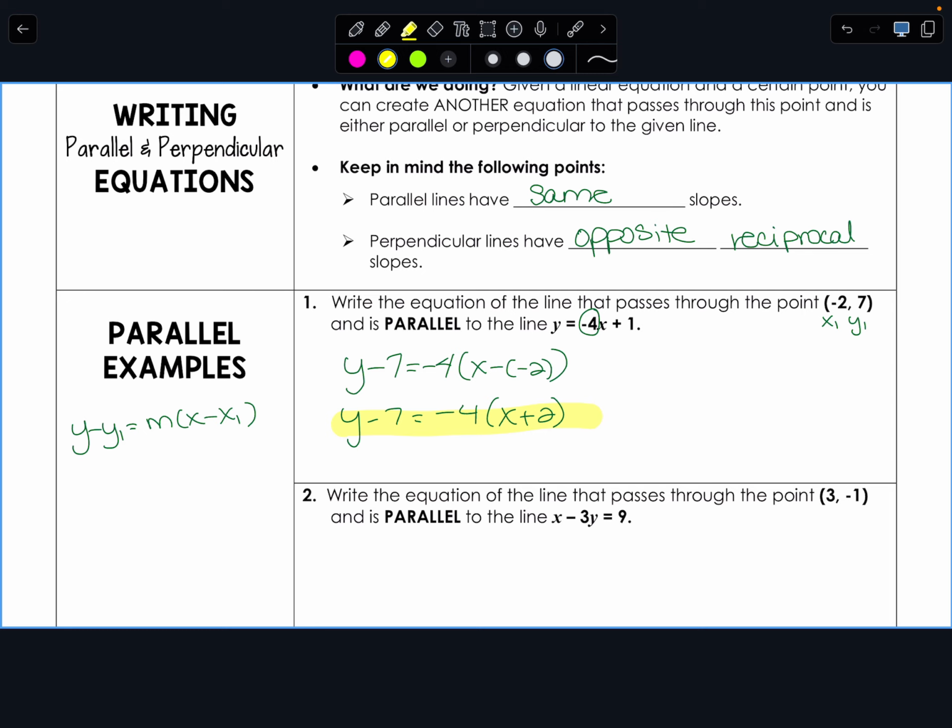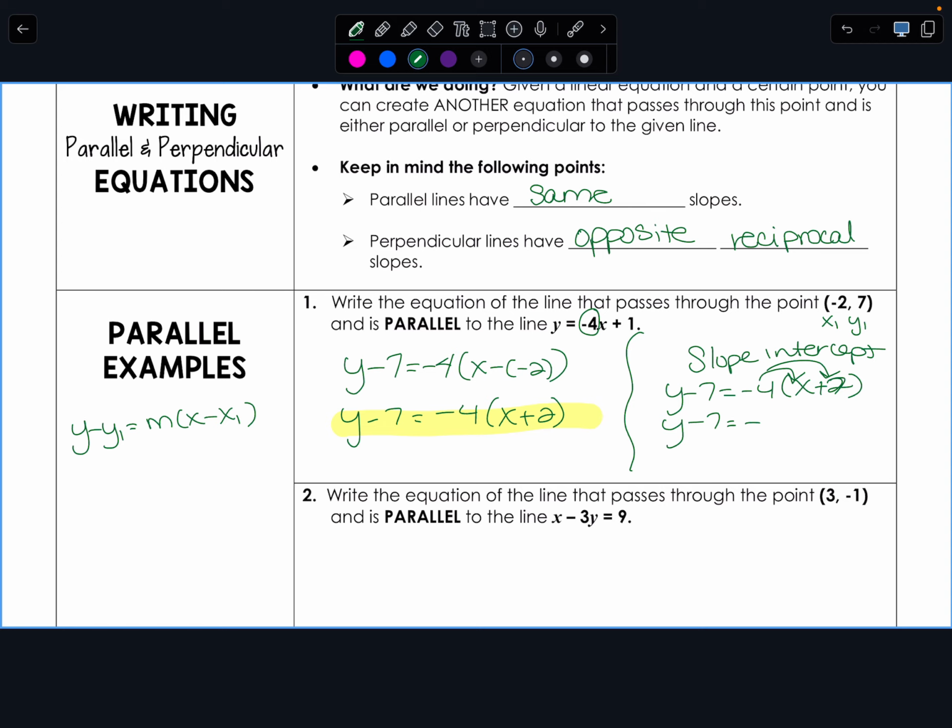Okay. So in the end, when you guys do this, if I don't ask you for a specific form, then don't worry about it. Now, if I were to ask you for slope-intercept, a little side note, I would have had to take my y minus 7, like I did yesterday in the examples, and I would have had to distribute my 4.